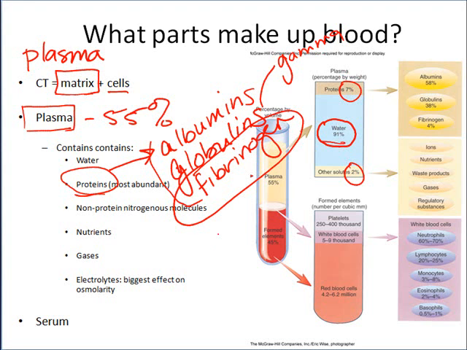And if we clot the blood, what we're really doing here is we're removing the fibrinogen. And when we remove the fibrinogen, what we have left over is this thing called blood serum. So blood serum is basically the liquid portion left over after we clot the blood.